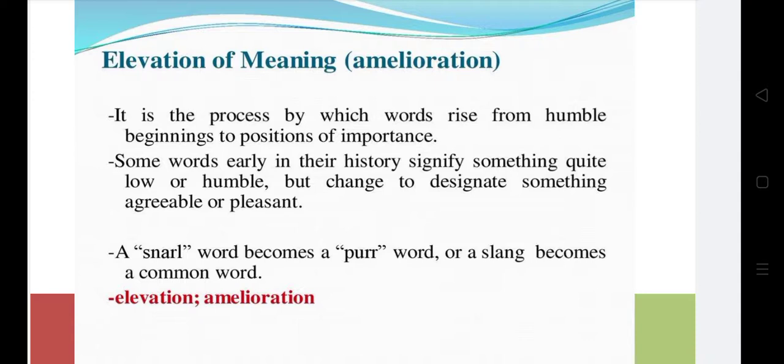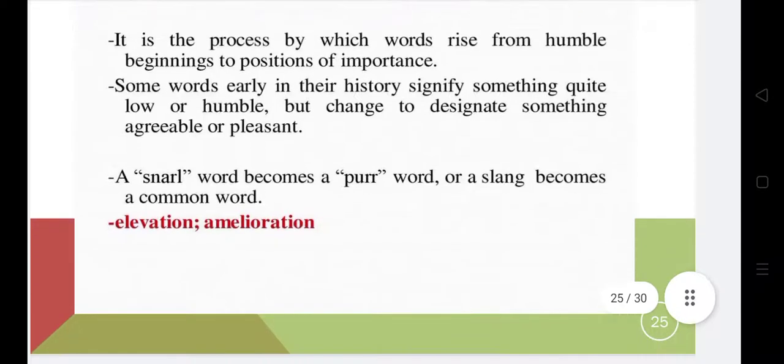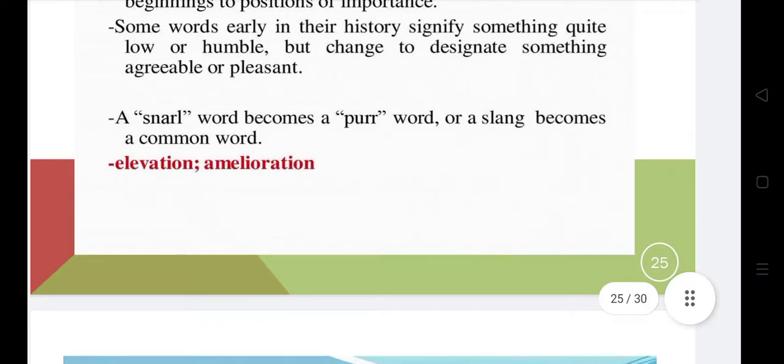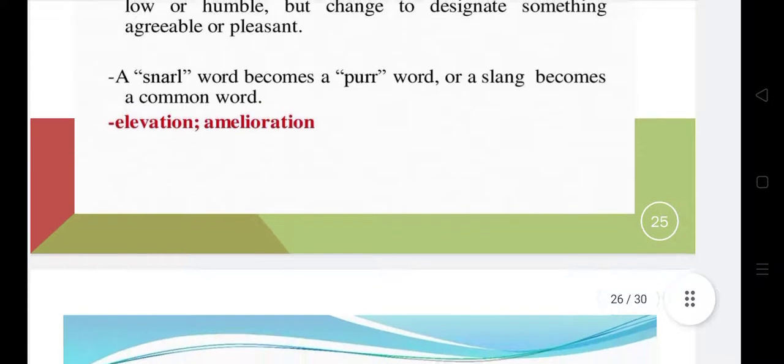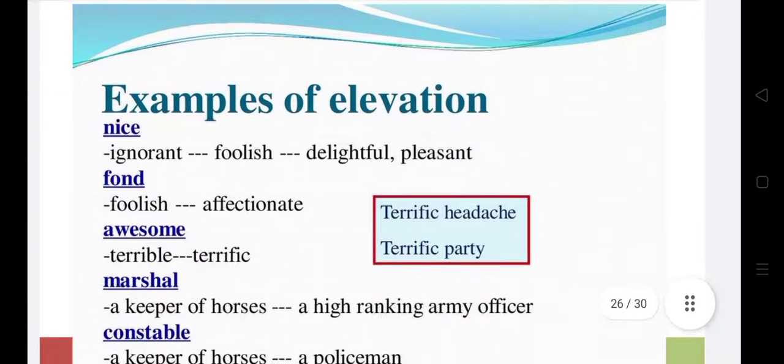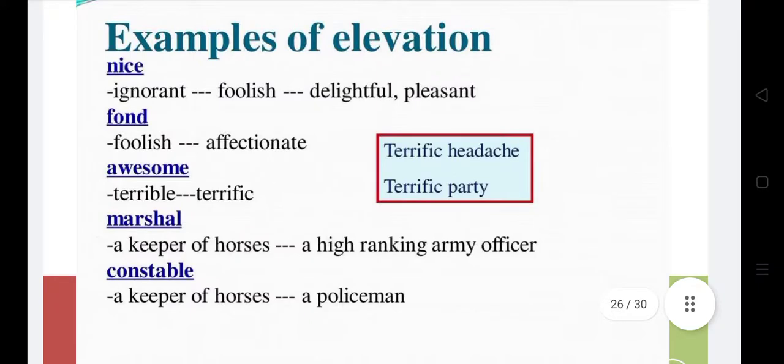For example, some words earlier in history signified something quite low or humble, and changed to designate something better. A snarl word becomes pervert, and slang becomes a common word. We'll discuss some examples of amelioration here.